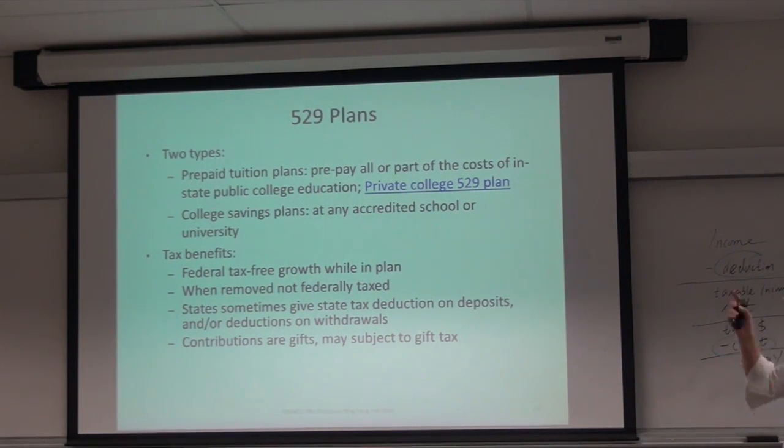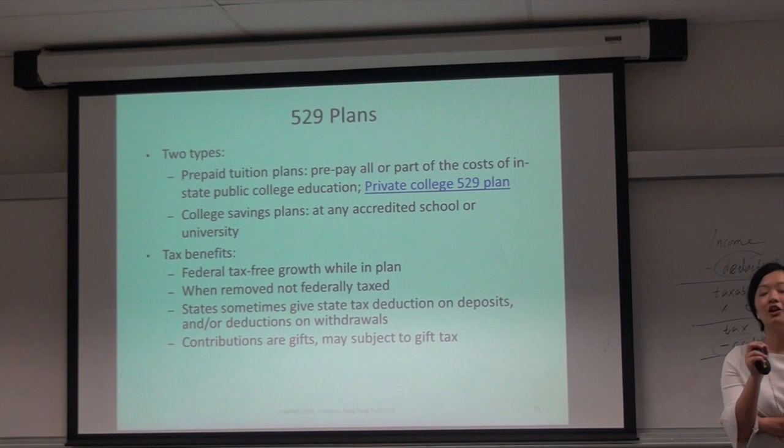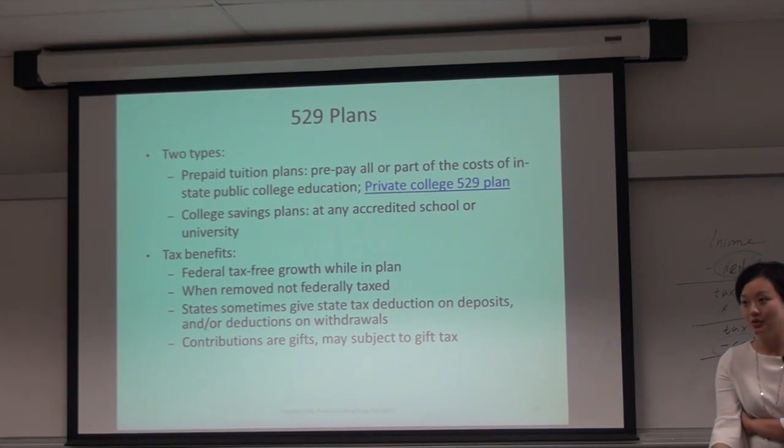The biggest benefit of the prepaid tuition plans is they can lock the tuition today. We do not know how fast tuition is going to grow, so we lock the tuition today. But there is some disadvantage. The disadvantage is you are locked in to the state or the school. For example, I don't think California has that.